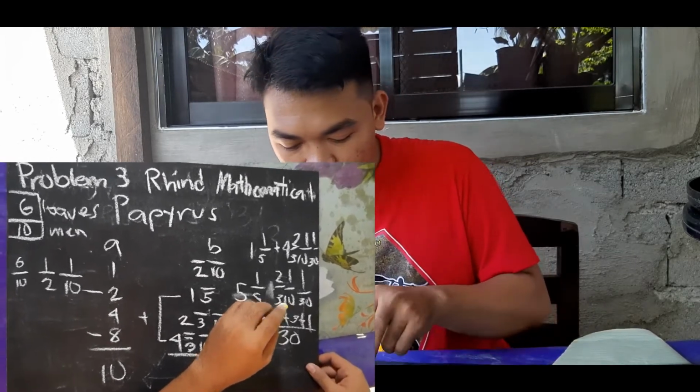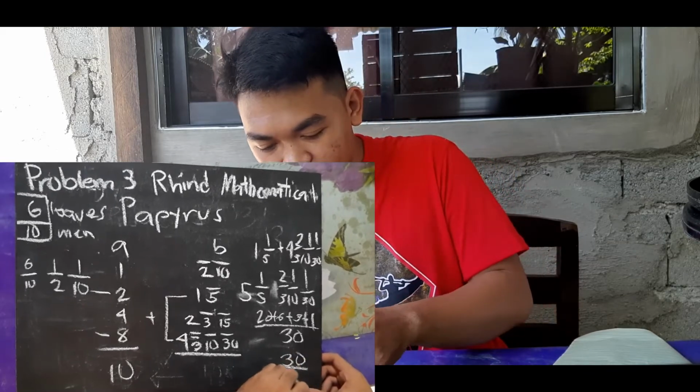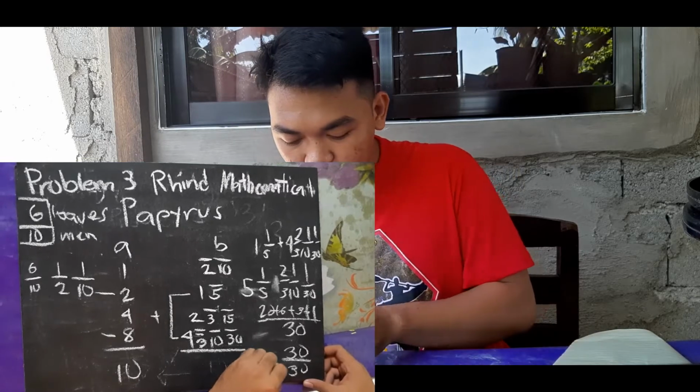So the answer is 20 plus 6 plus 3 plus 1 is 30. So 30 over 30 is equivalent to 1.